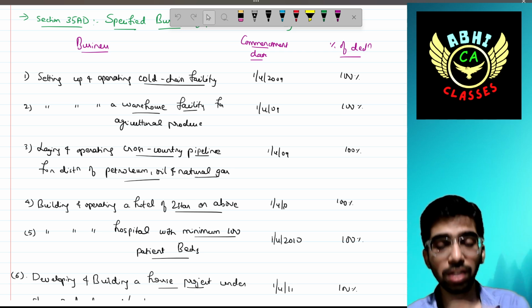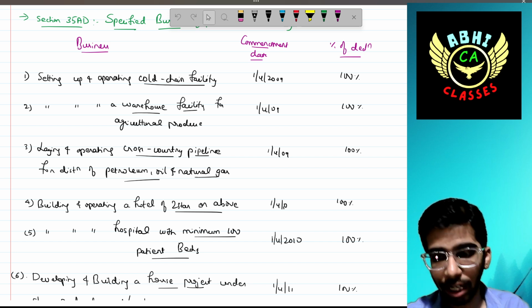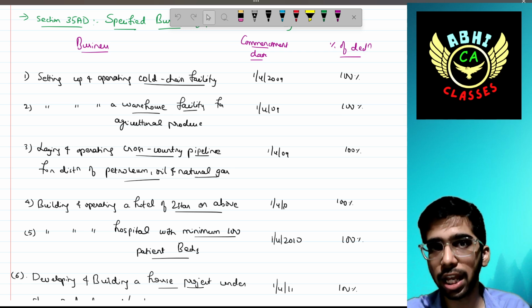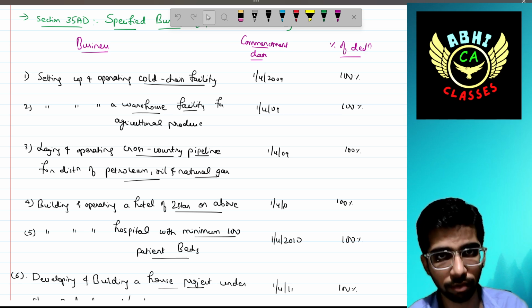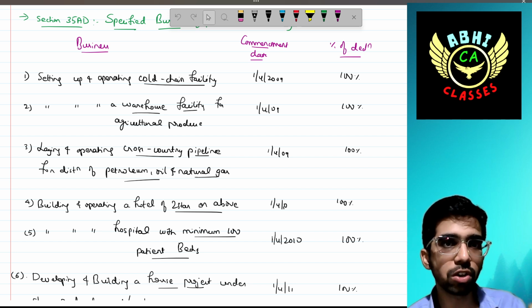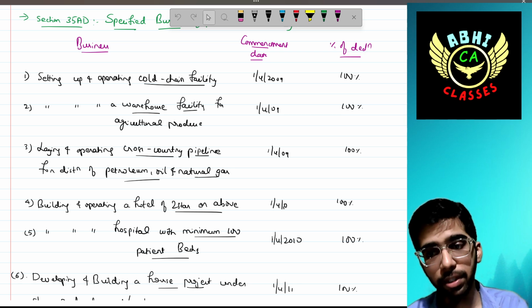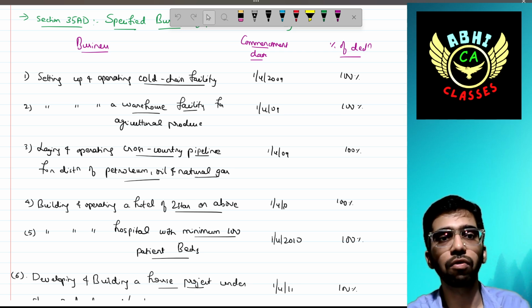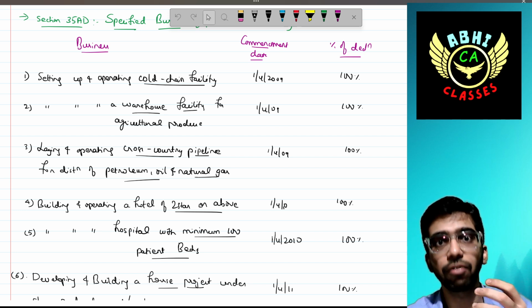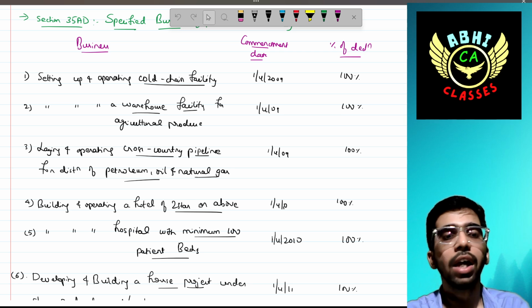But that is also considered a specified business. If you are earning 1 lakh income from that agricultural produce business, that has been commenced on 1/4/2008, that loss of 50,000 from cold chain facilities can be set off against the specified business of agricultural produce, even though Section 35AD is not applicable for agricultural produce.